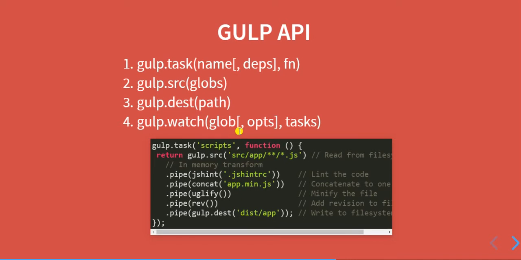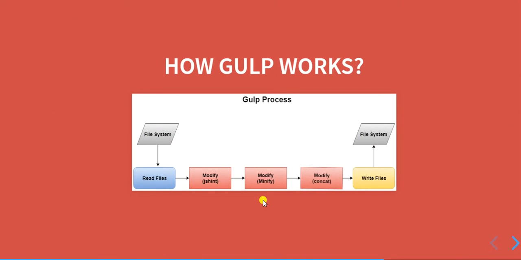Gulp watch looks through all the changes. So this is how gulp works. Gulp takes the files from the system, reads the file and goes through a stream for each task. Finally it outputs the result.